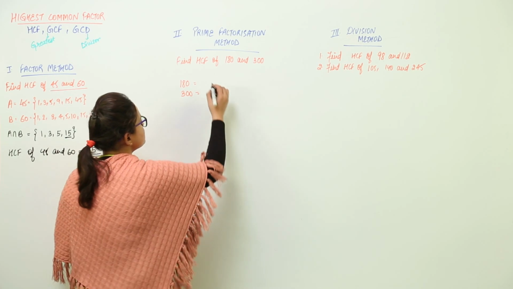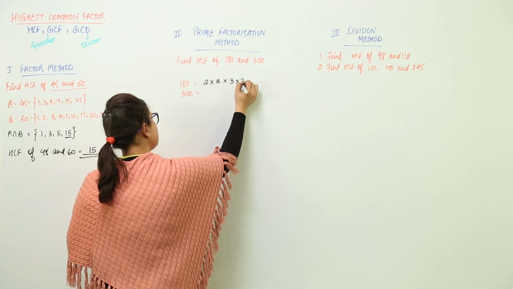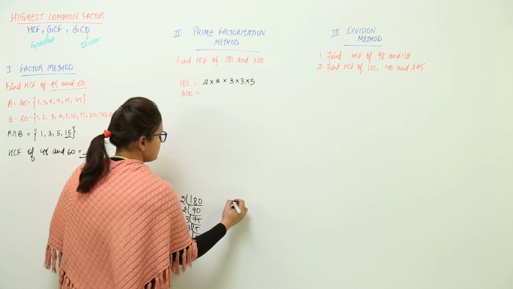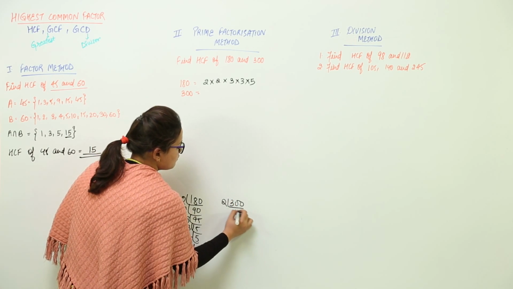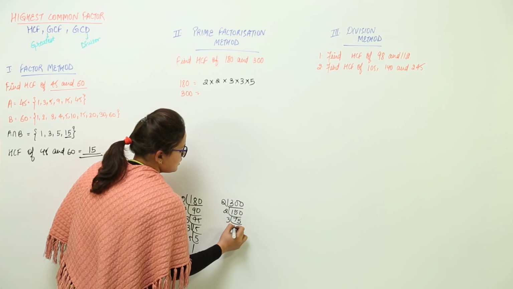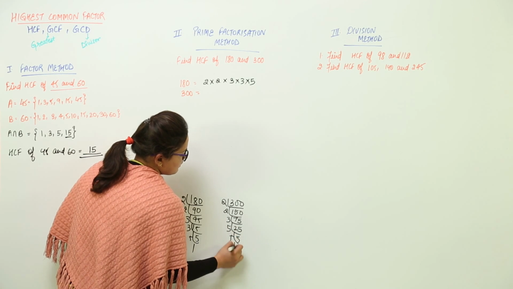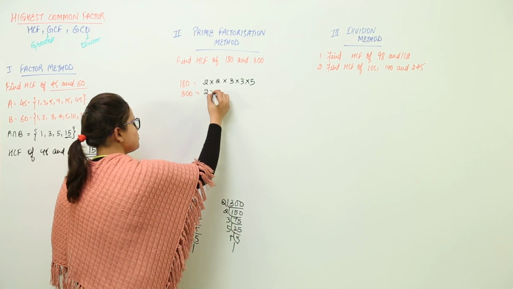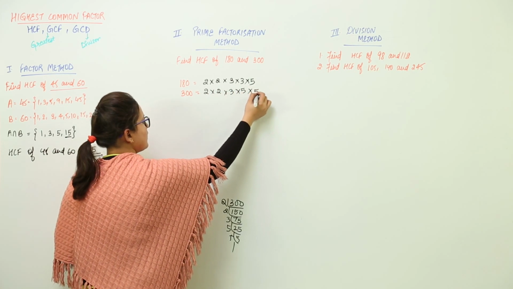And we have got the factors for 180, that is 2 into 2 into 3 into 3 into 5. And similarly for 300 we will find the factors: 150, 2, 75, 3, 25, 5, 5. So we get 2 into 2 into 3 into 5 into 5.